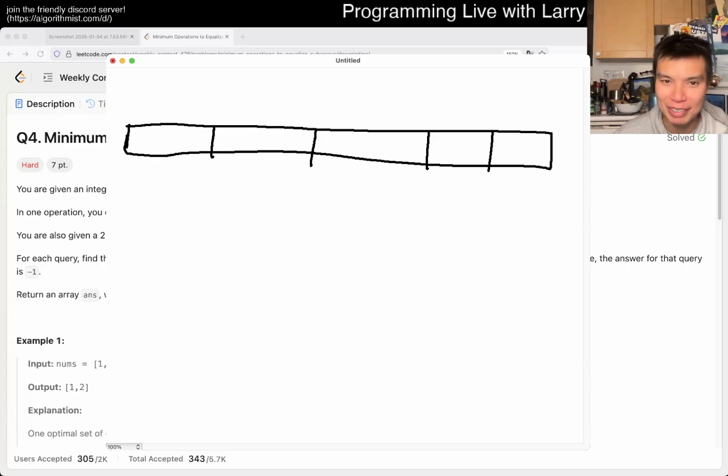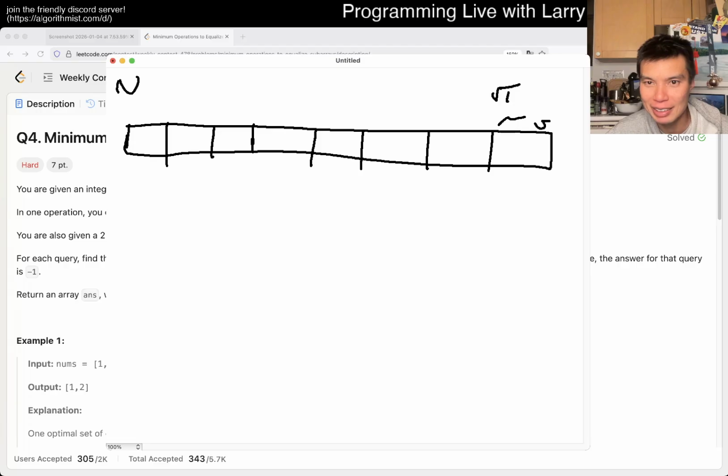So there are n elements, each block is going to be of size square root of n, and of course there are square root n of them, right? There's square root n of them, each of size square root of n, so the total is n, because it's square root of n squared, right? Okay. So that's kind of the core idea.